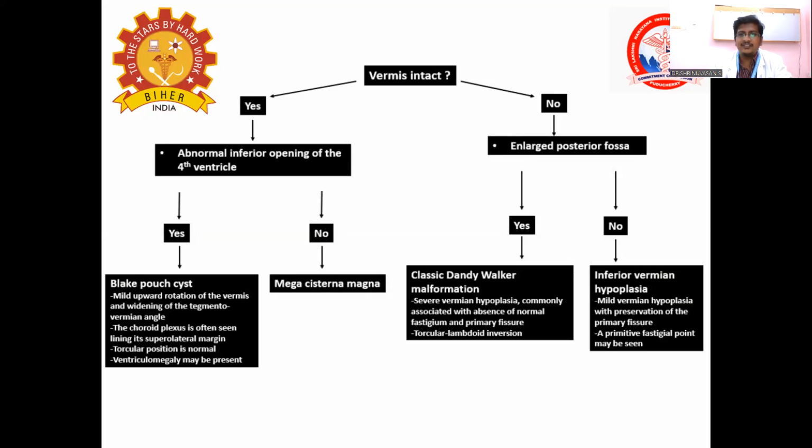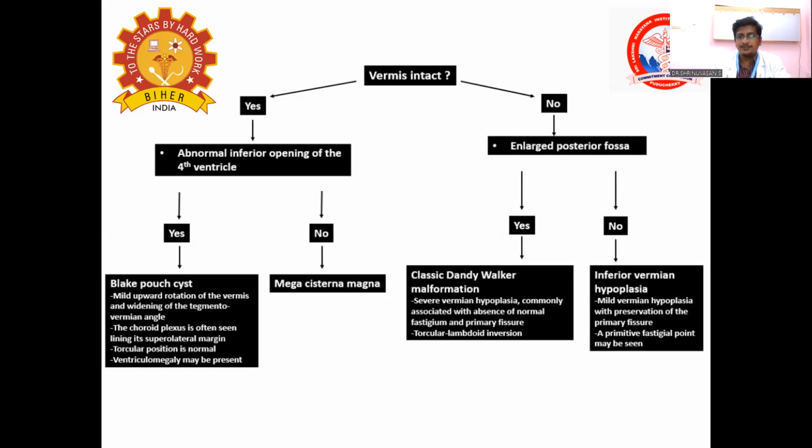So the vermis is intact with only an enlarged posterior fossa. If it is not intact and associated with an enlarged posterior fossa, then think of classic Dandy-Walker malformation, which is associated with severe vermian hypoplasia and absence of the normal vestigium and primary fissure, along with torcular lambdoid inversion.